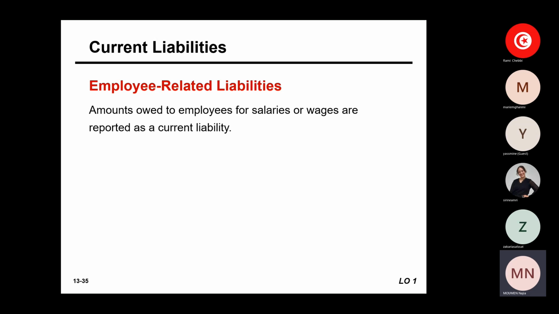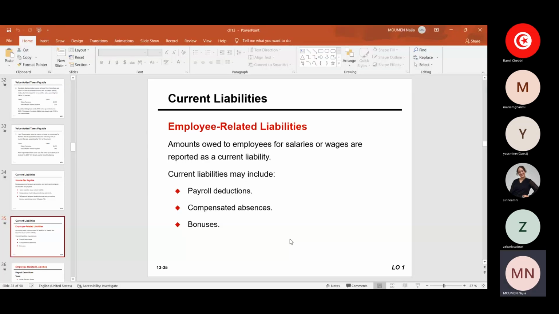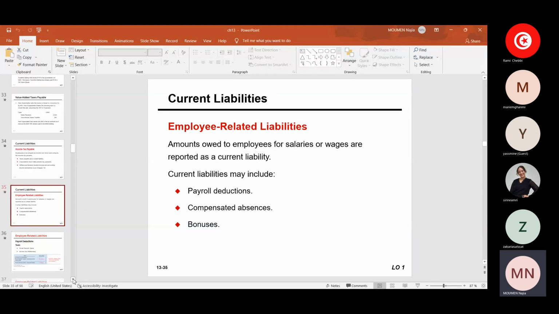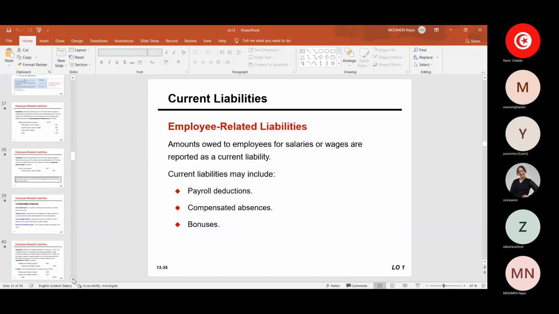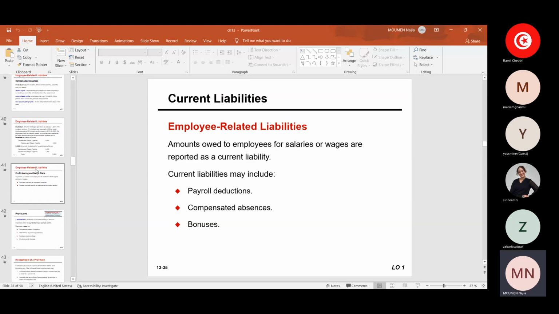For the employee-related liability, we won't consider this in our intermediate accounting course this semester. So slides 35 to 41, you should omit them.